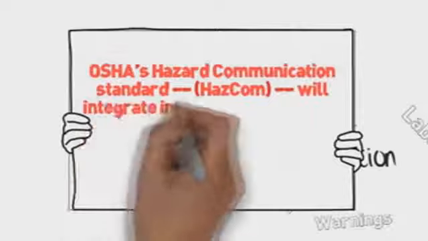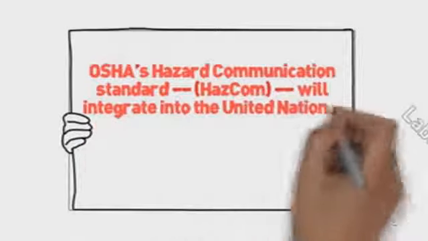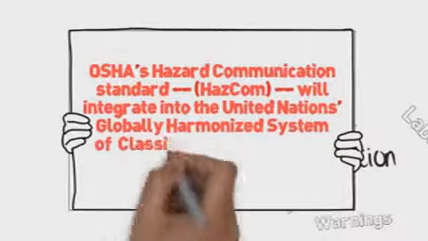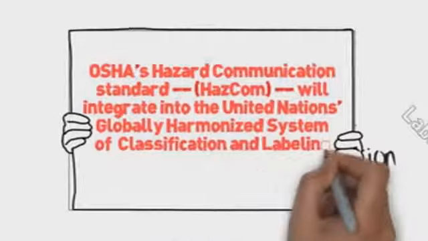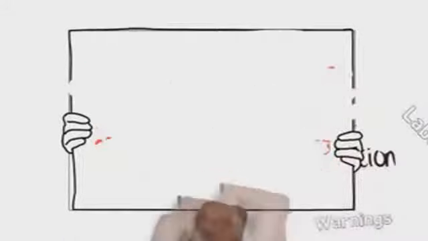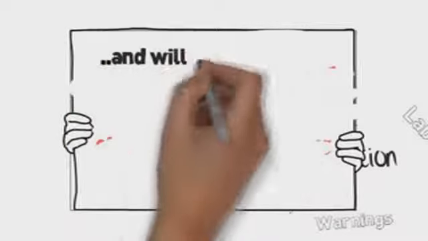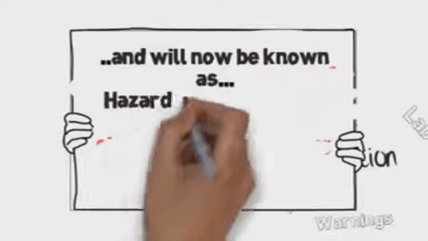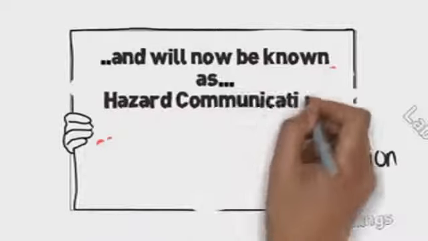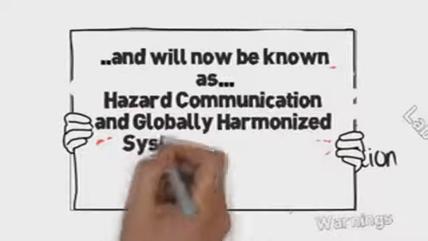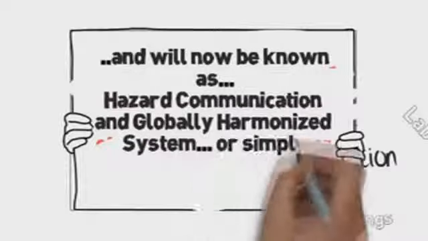OSHA's hazard communication standard, known as HazCom, will now integrate into the United Nations globally harmonized system of classification and labeling of chemicals. It will now be known as the Hazard Communication and Globally Harmonized System, or simply the GHS.